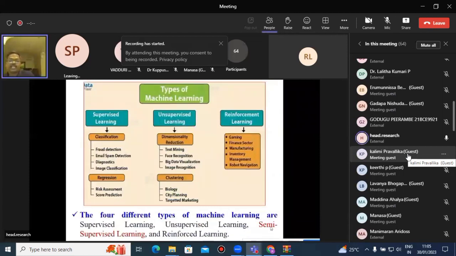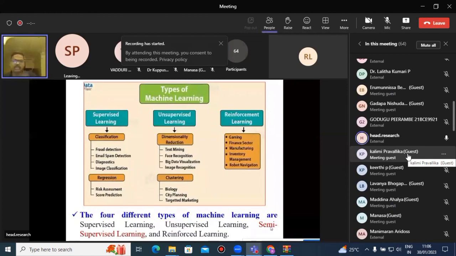Types of machine learning algorithms: see supervised learning. Under classification we have fraud detection, email spam detection, diagnostics, image classification. Then regression: risk assessment, score prediction.